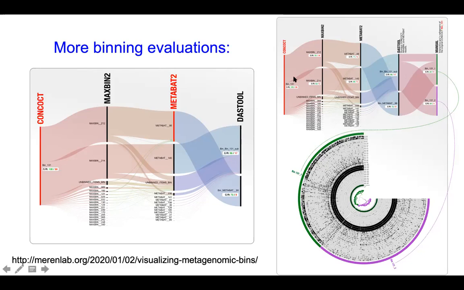This is what's shown here on the top right. On the top right, we see the same plot as on the left, but there's one extra line added, which says manual. The manual line is colored green and purple, and those green and purple lines correspond to the green and purple line at the bottom plot.